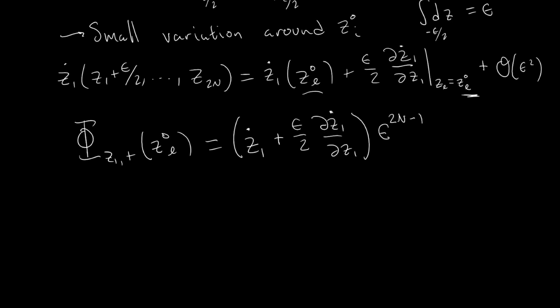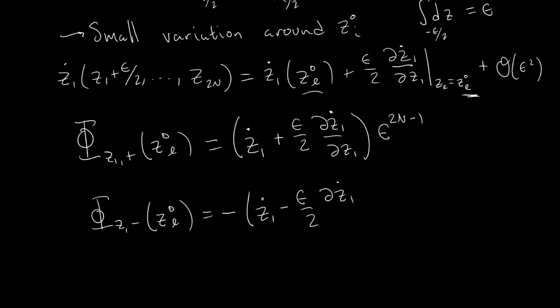So in this case, I get, if I have done this all correctly, that overall minus sign, ż1, and then I'm expanding about minus epsilon over 2, because that's the location of this new surface, dż1/dz1, epsilon to the 2n minus 1. And of course, both of these are plus higher order corrections.